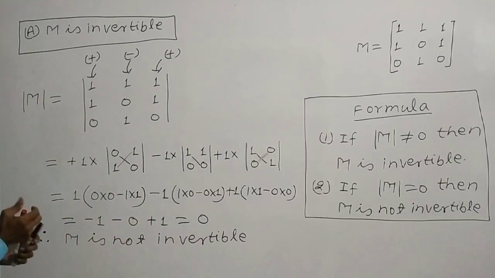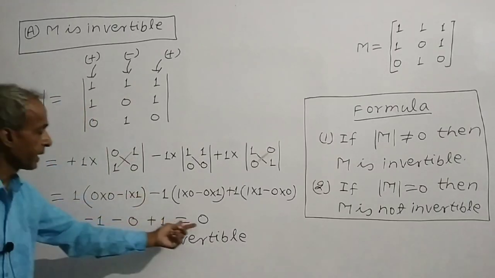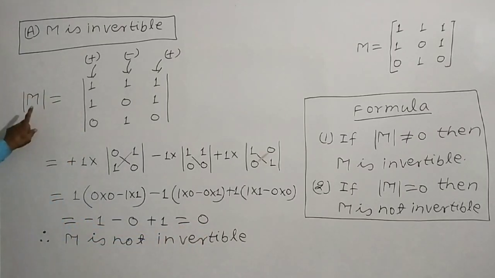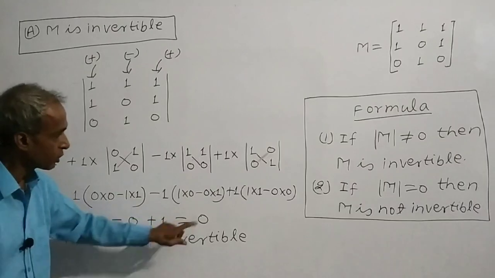Then the value of this determinant is obtained as 0. That means the determinant of M is 0.